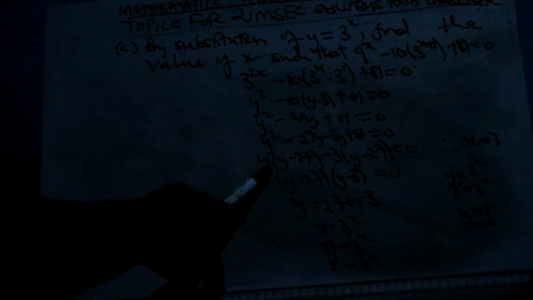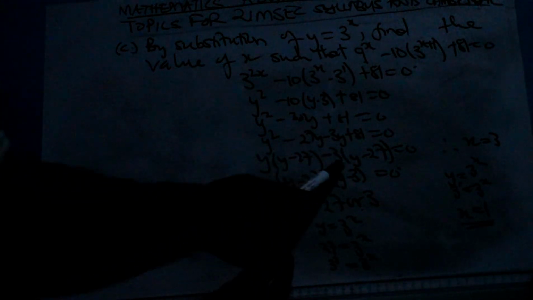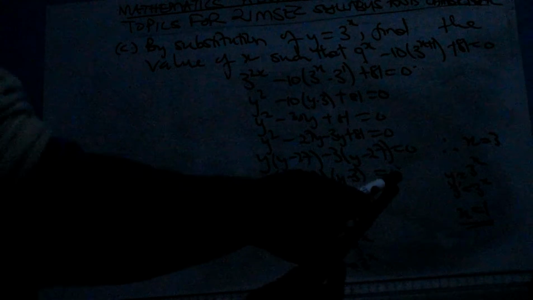Then we factorize the two pairs. We factor out y here and get y minus 27. Then for minus 3y plus 81, we factor out minus 3 and remain with y minus 27. Then equals 0. So your brackets are the same: (y minus 27)(y minus 3) equals 0. Then your final solution becomes y equals 27 or 3. Go back to the substitution. Our substitution is y equals 3 to the power x.